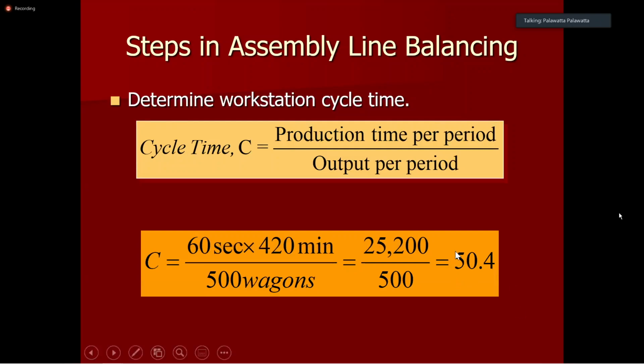So you have to produce a wagon every 50.4 seconds. This is the cycle time to produce 500 wagons in 420 minutes. Cycle time is 50.4 seconds.